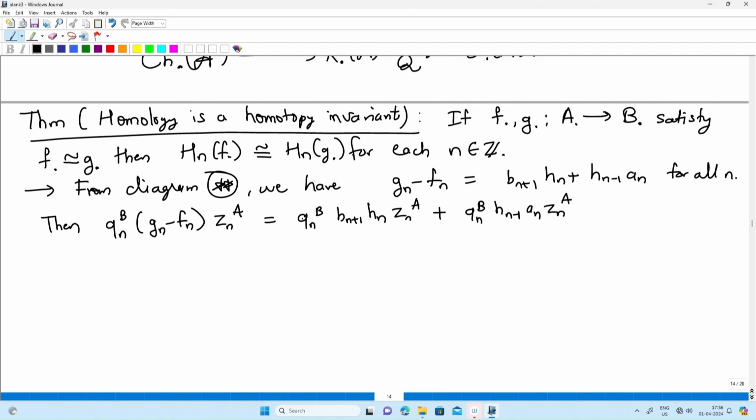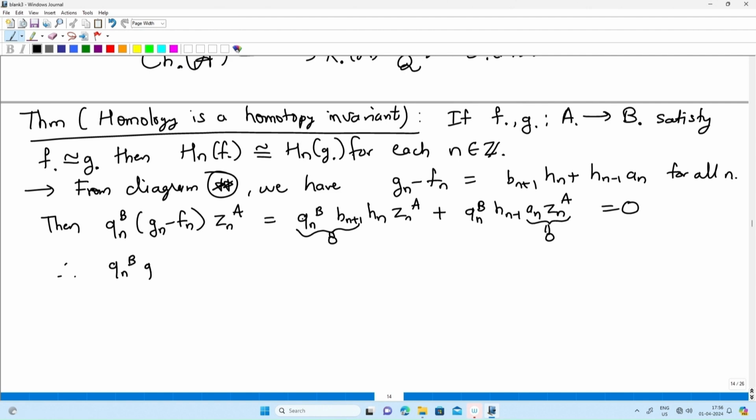Okay, can you tell me what this is? What is An Zna? 0. And what is Qn Bn plus 1? 0. So these two are 0, therefore this is 0. Now if you notice this, what do you get?